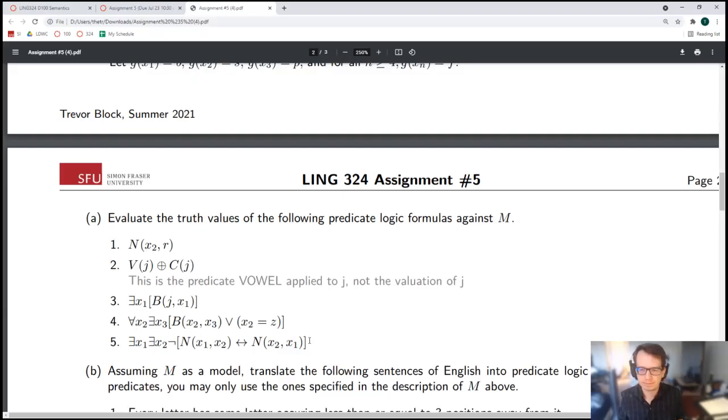And for 5 specifically, I recommend thinking about what this means in English. Thinking about 4 and 5 in English rather than testing out letters will be an easier way to solve these.